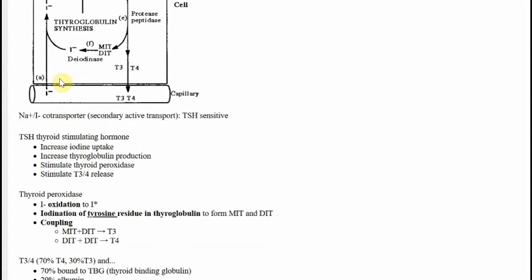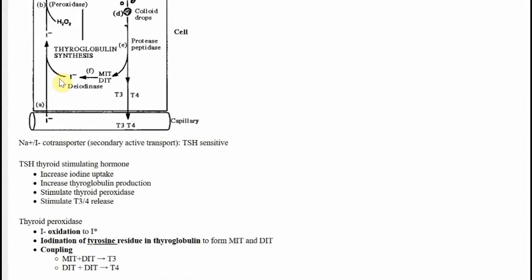Well, first of all, let's look at how thyroid hormone is first produced. You have the enzyme, as we said before, in the follicular cells called thyroid peroxidase. And what it does is it is involved in the iodination of tyrosine residues in thyroglobulin.